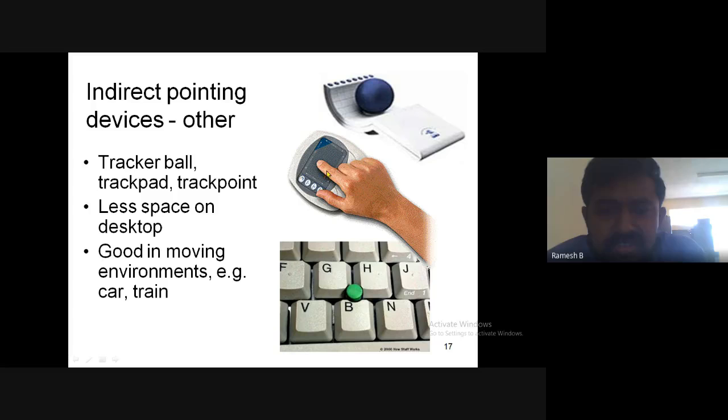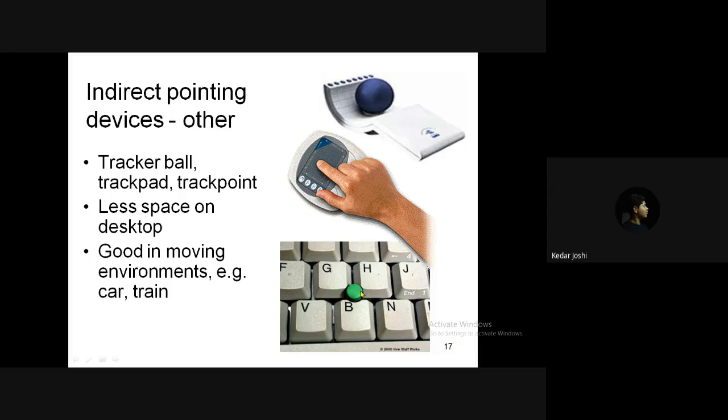It restricts the user, and it occupies very little space. You can see the small trackpad here. How many of you have seen this, or used this in laptops? The green color one. My laptop doesn't have one. Yes, sir.